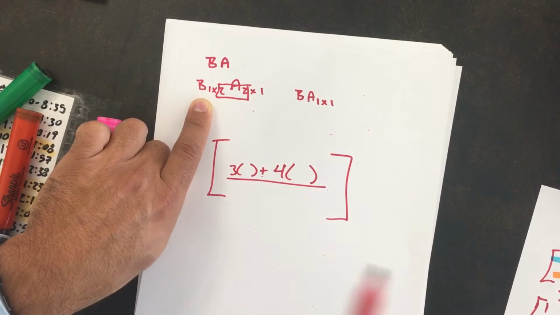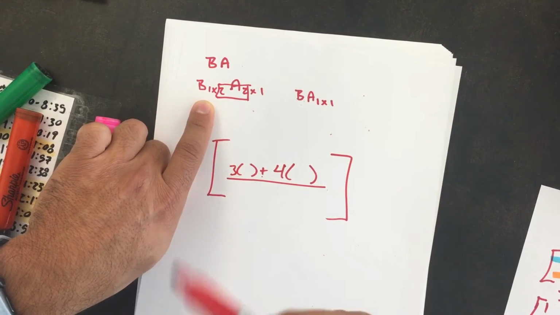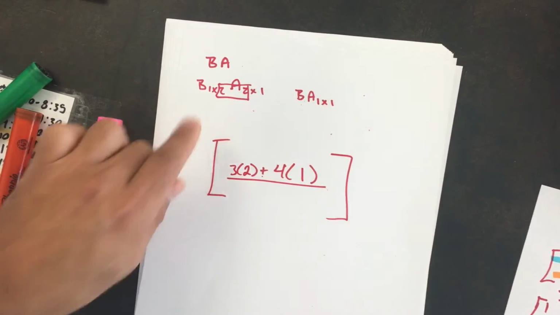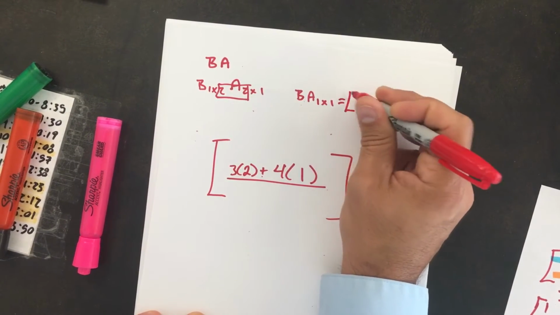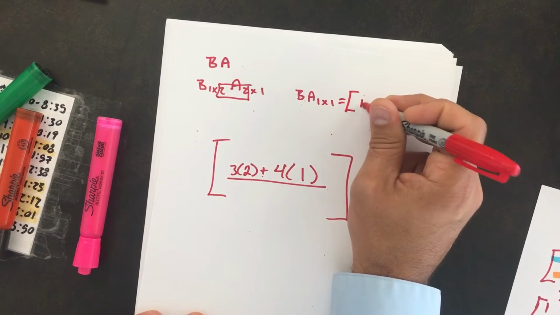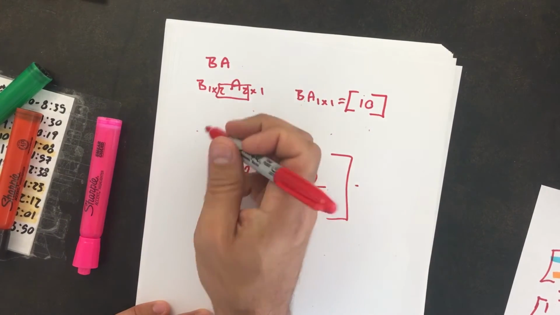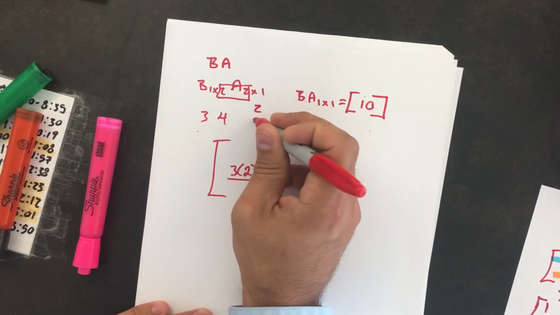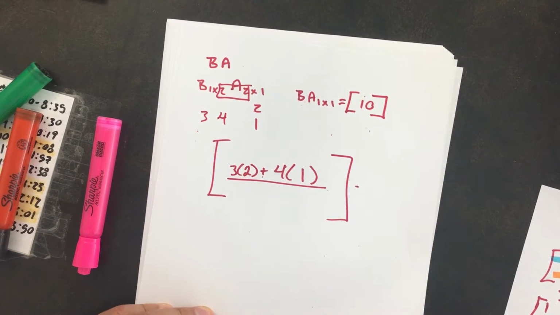That's the first row of B, and now we're going to multiply it by the first column of A. The first column of A is 2 and 1. So I do 3 times 2 is 6, 4 times 1 is 4, 6 plus 4 is 10. So we're multiplying the row of B, which is 3 and 4, times the column of A, which is 2 and 1, and we add those together, okay?